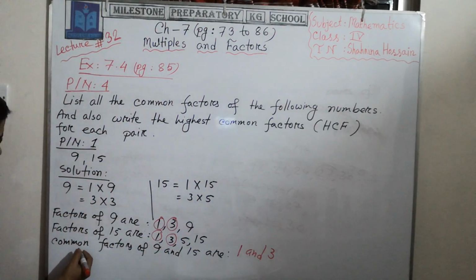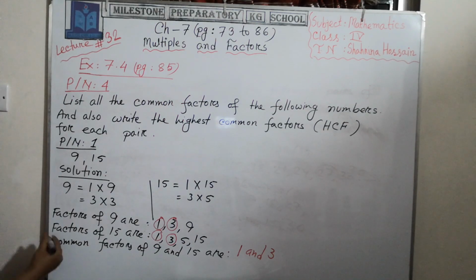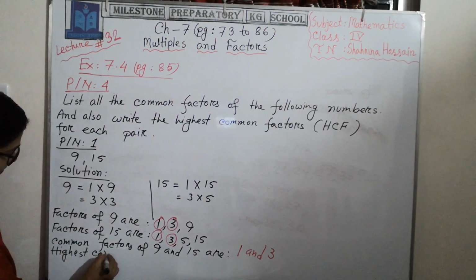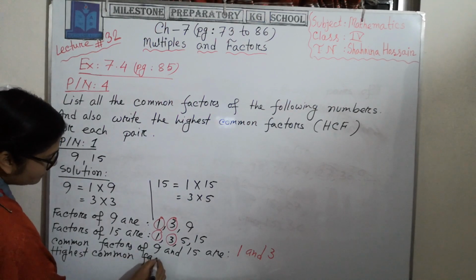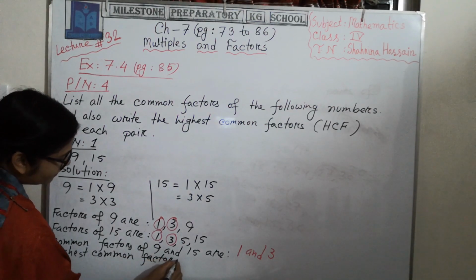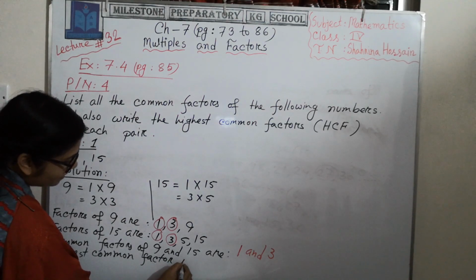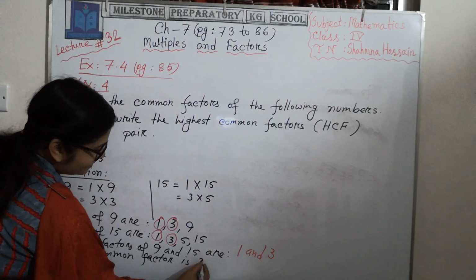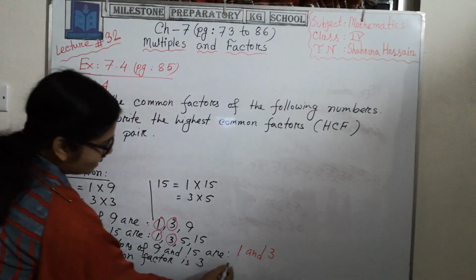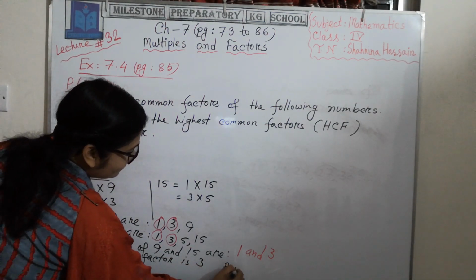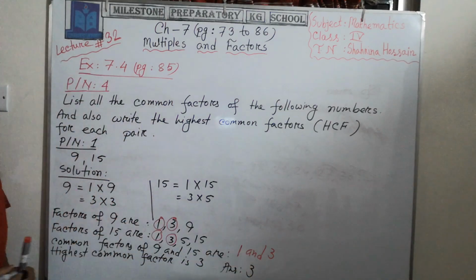So my answer is, the highest common factor, HCF, is 3.